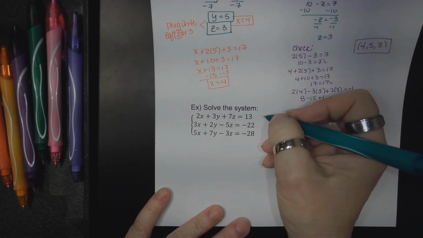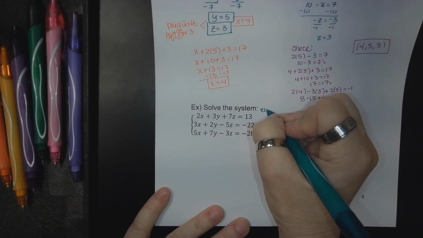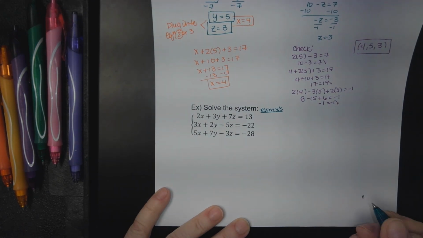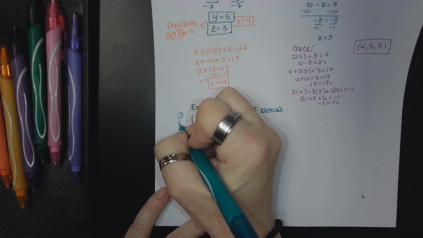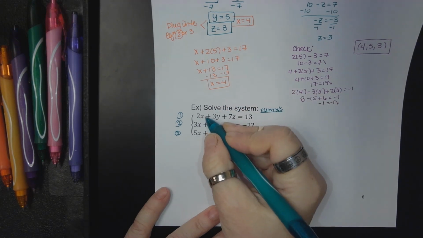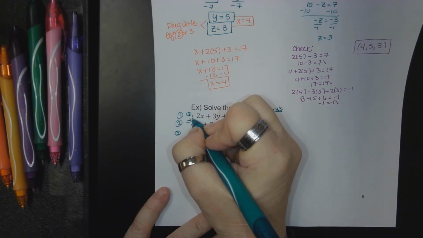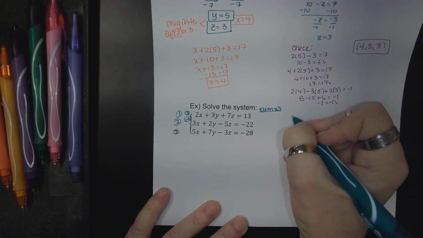So that's what I chose. So I eliminated x's. Okay. So this is 1, 2, 3. Multiply him by 3 and him by -2. Okay.